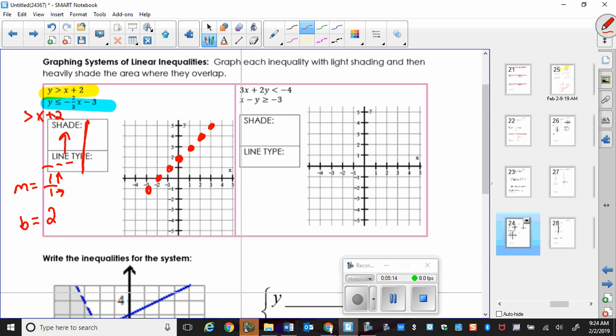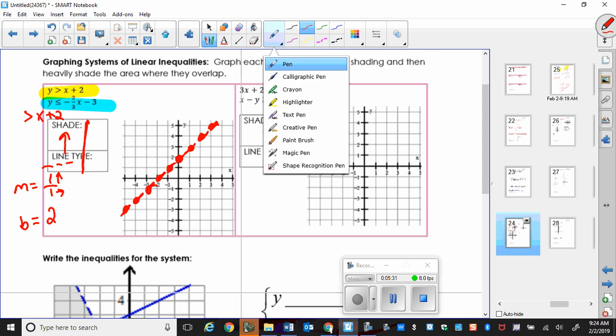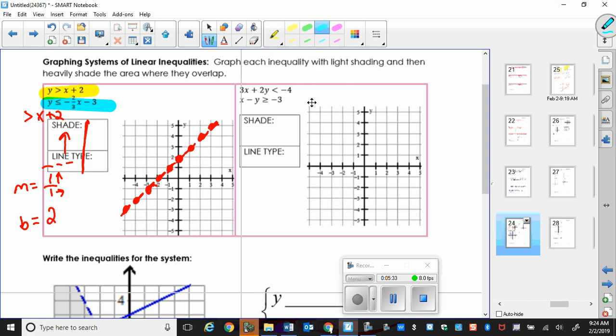This is y is greater than x plus 2. And remember, I said that this is dashed, so I'm just going to make my dashes on top of my points. They're not connected. And then I'm going to shade above the line because it's greater than. Oh, I don't want to shade blue. So I'm going to change that color to yellow.